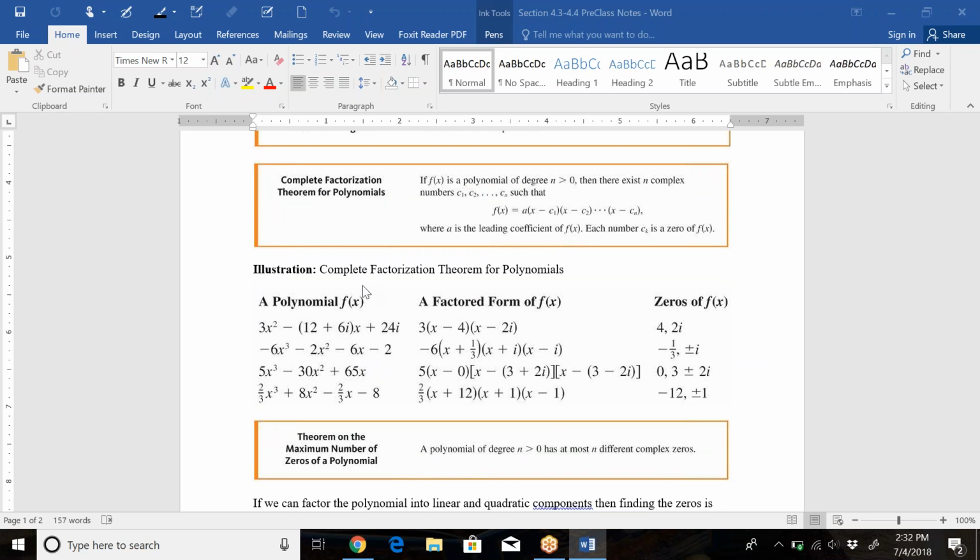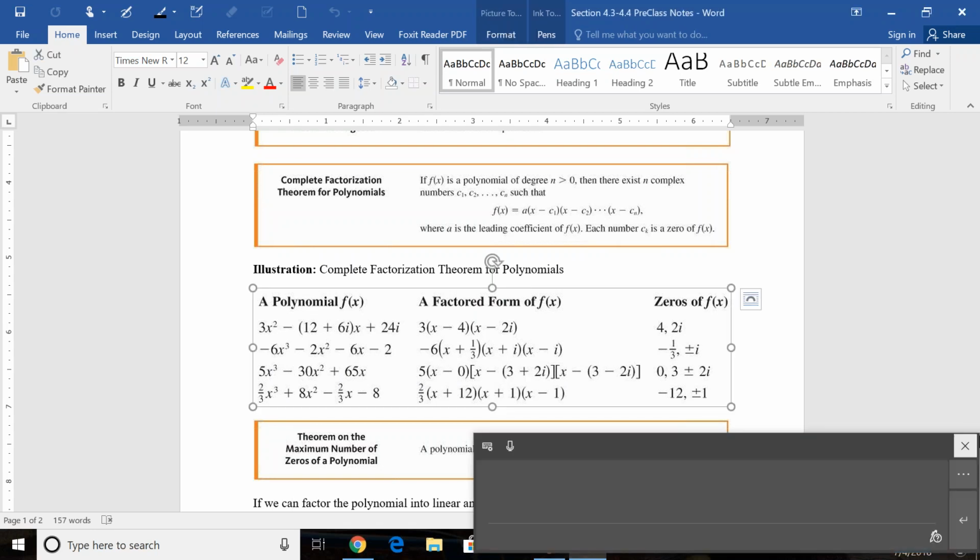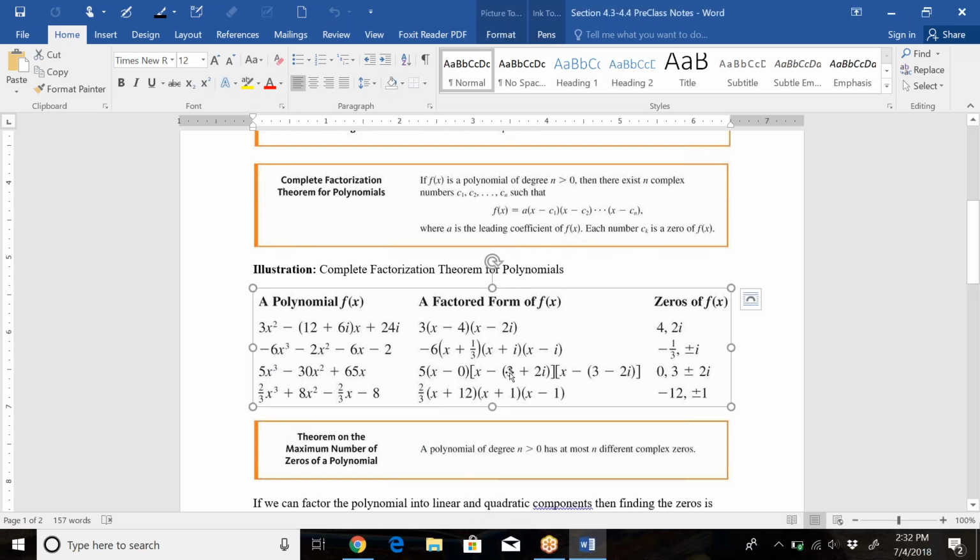So here are some examples of what some complete factorizations look like. Here's a polynomial that has some imaginary and real number coefficients. And when they factored it, notice it had a factor that was imaginary. Here's another one. And again, we're not factoring these. We're just showing you what some of them could look like. Sometimes when you factor it, you'll have these imaginary complex numbers, a plus bi, that are in your factors.